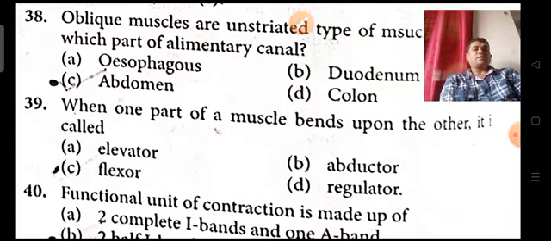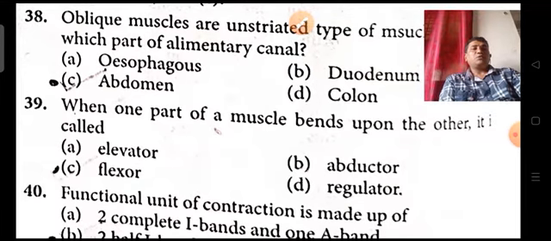The abductor muscle, also called the elevator muscle, moves the limbs away from the body, for example the deltoid muscles of the shoulder.